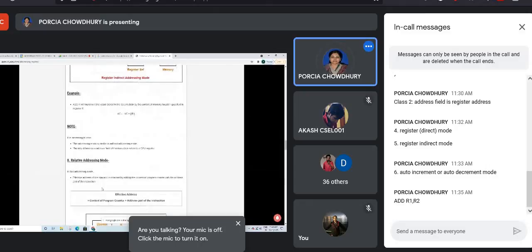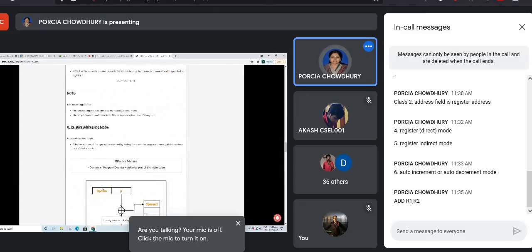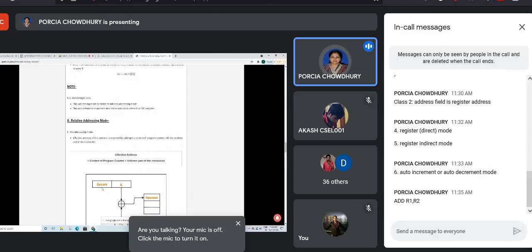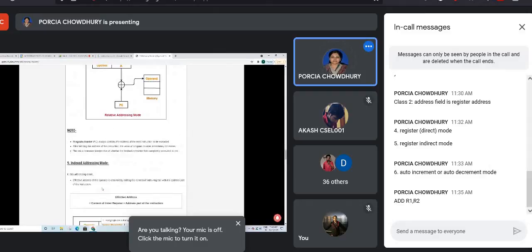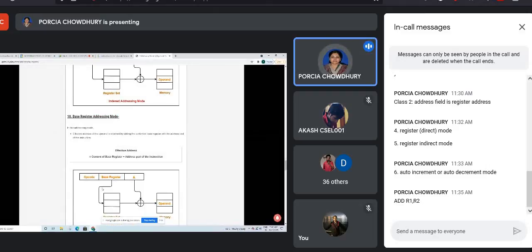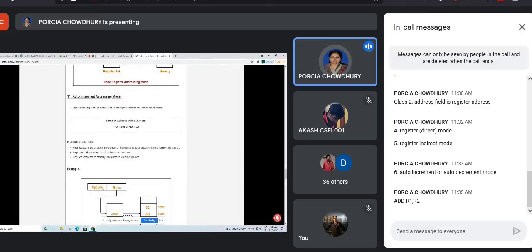And the last one you have is auto increment or auto decrement. Auto increment and auto decrement addressing mode is a special case of register indirect addressing mode.